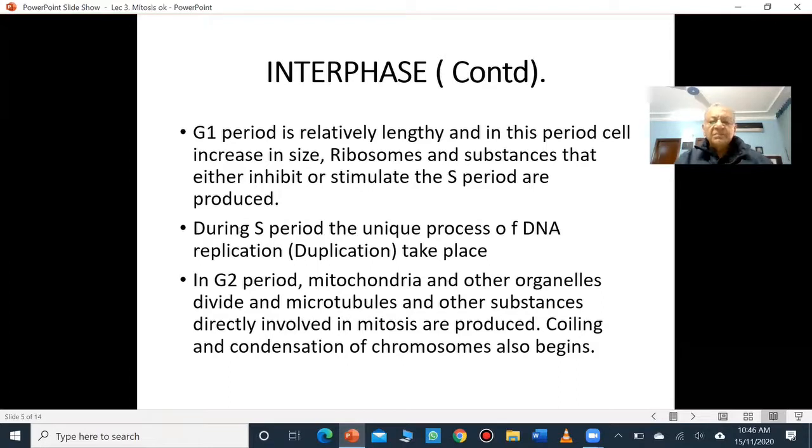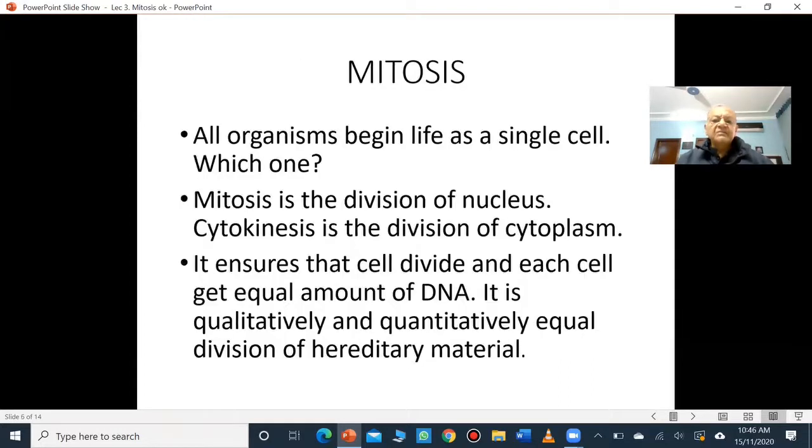In the G2 period, mitochondria and other organelles divide, and microtubules and other substances directly involved in mitosis are produced. Coiling and condensation of chromosomes also takes place. So this is the end of interphase, which takes up 90% of the time, and most of the things happen in interphase. It is not resting. There is a lot of activity during interphase.